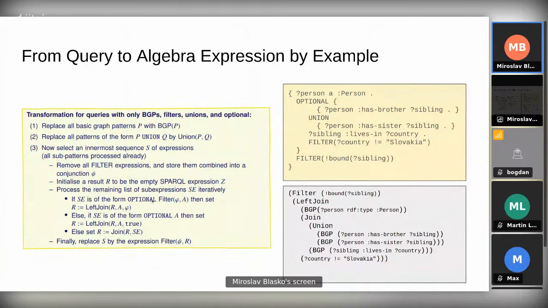If you find an optional with a filter, you create a left join of R, so the result, this empty table, with all this union together with sibling lives in country, and you add the condition from the filter here.